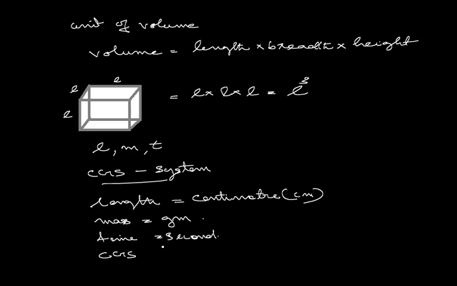This is an old system of measurement. So we use another few systems of measurement. The next system of measurement is FPS. In this system, the length is taken in foot and mass in pounds.